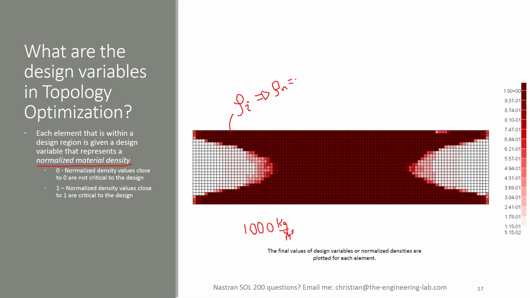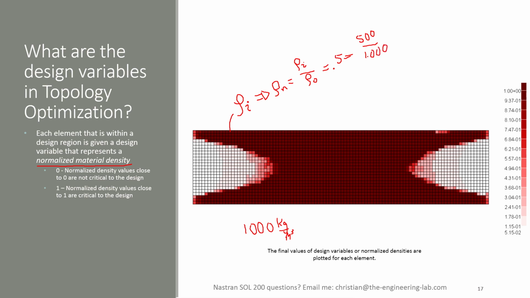And if I remember, this will be the density of the element divided by the original density, rho naught. So if you have, say, a normalized density of 0.5, then the density of that element is 500 kilograms, and the original density is 1,000.